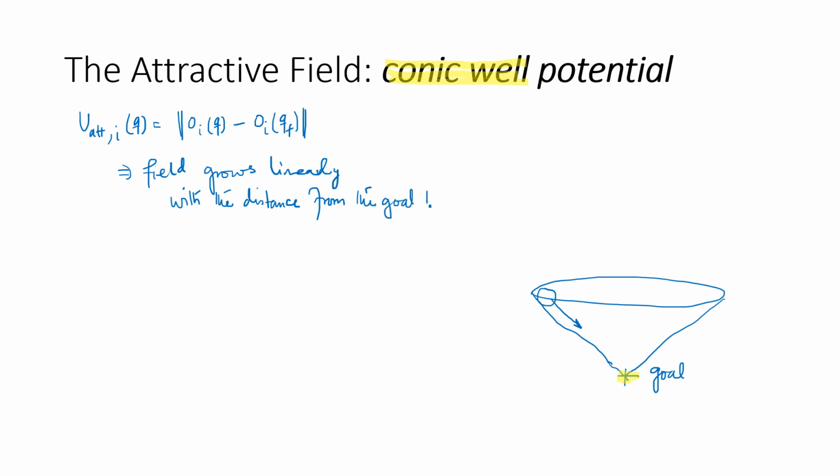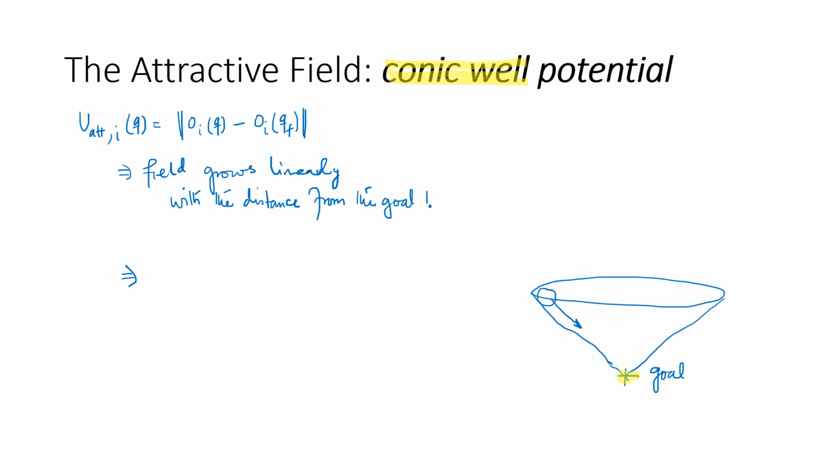Now the problem with that is that it has a specific problem of discontinuity, if I may say that. When this distance becomes equal to 0, then obviously you have a discontinuity, and that is when you have the goal position achieved.